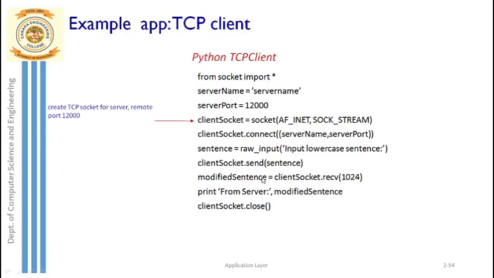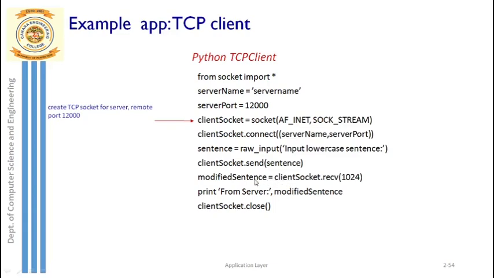Remember, the address is not stored separately like how we did in UDP, or the address is not used anymore here. Whose address? The server's address. The server's IP address or the server's connection socket's port address is not received, and we are not interested in all that. We are just receiving the sentence which is in uppercase. Whereas in UDP we had received the server's port address also, here that is not happening.